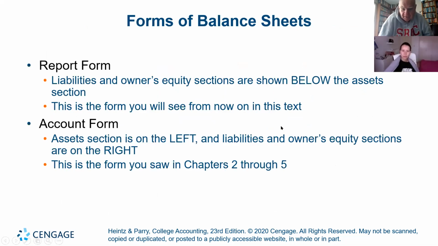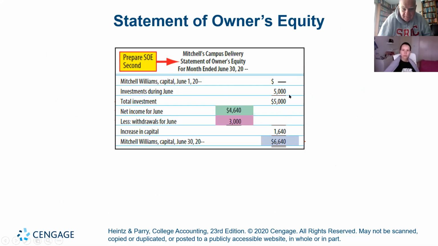Mitchell at the beginning had 0, but we can consider the 5,000 the beginning too, right? I mean, he had no company. The first thing he did was invest 5,000. So we can call this the beginning if we want. So the beginning was 5,000. We add the net income and we subtract the withdrawals.